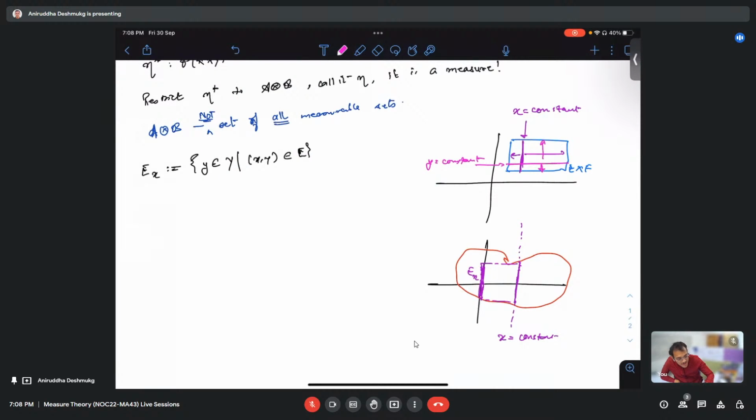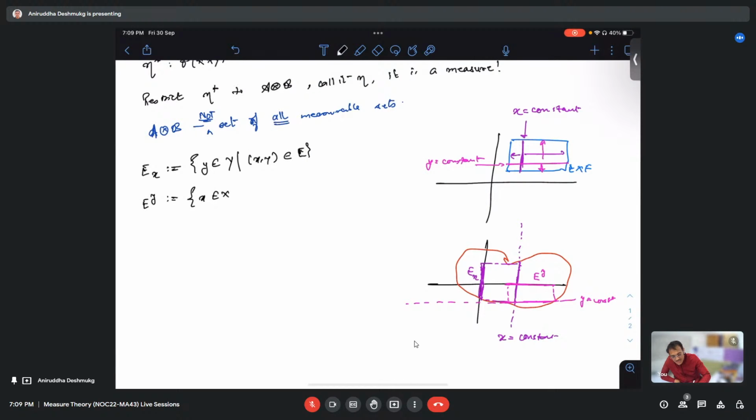On the other hand, similarly, one can define Ey. So let us look at y equal to constant, maybe this line, y equal to constant. Look at this thing where it intersects E and project it on X. This is my section of Y, Ey. So let me just write the definitions.